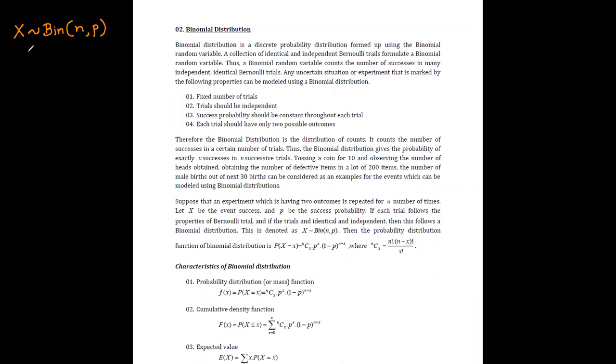Therefore, the distribution function for the binomial distribution can be written as follows. Here we are computing the probability of the random variable X having a particular value, stated as small x.